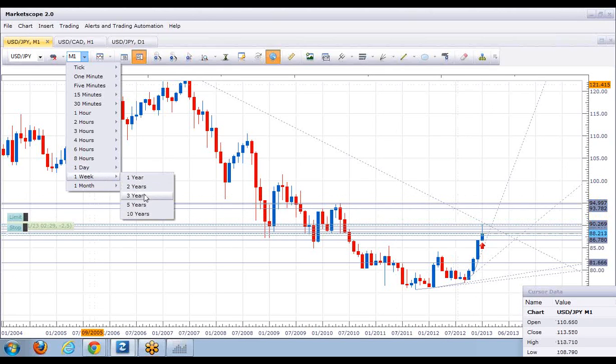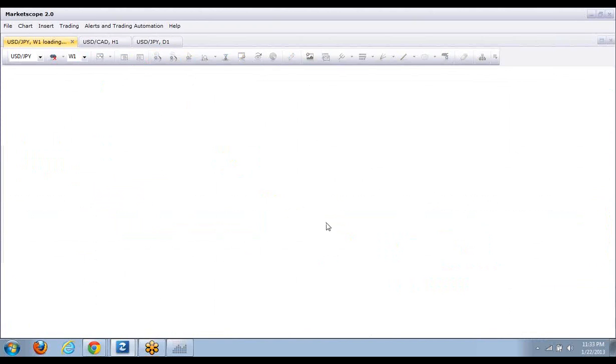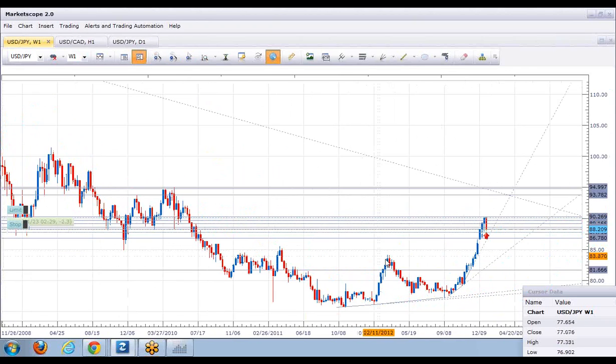Moving down to the weekly, there's been very strong bullish movement since September, or basically around the holiday season, when it started to move up. On the weekly chart, there's strong bearish movement, but it's overall still an uptrend.